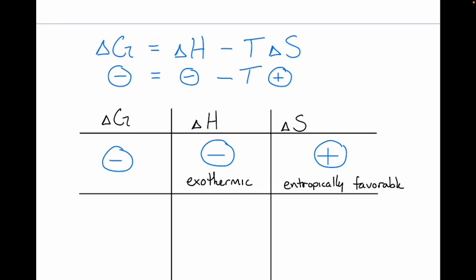Right? From the universe's standpoint, this is best case scenario. It's getting a release of energy spread out in the form of thermal energy that's being released, but also a more disordered state has been created. So it's also entropically favorable. So this is going to be a reaction that is always spontaneous. The universe is like, yes, absolutely, lots of that.